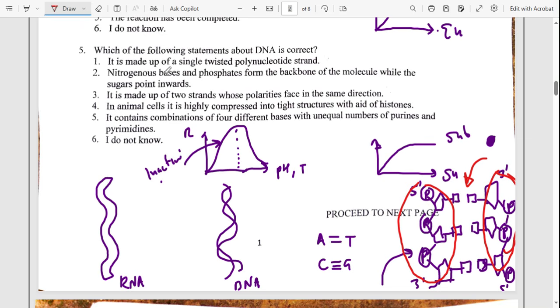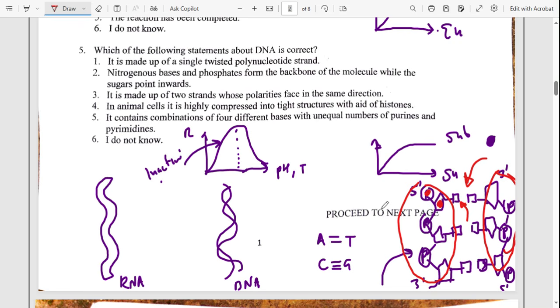Okay, so option 2 is saying nitrogenous bases and phosphate form the backbone of the nucleotide while the sugars point inwards. Now you can see the sugars are not the ones pointing inwards. It's actually the nitrogenous bases that are inside. These are the nitrogenous bases. Okay, the sugar is this one, the phosphate is this one.